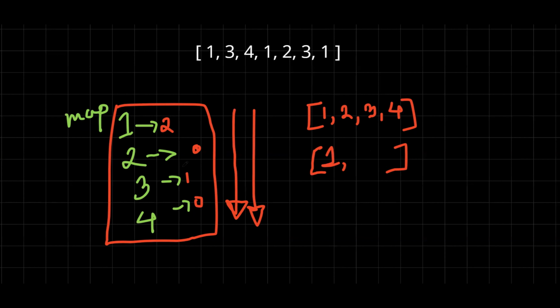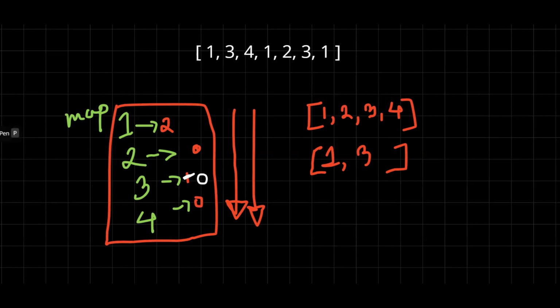But the frequency of 3 is 1, so we can use one instance of 3 here. After using it, the frequency of 3 will become 0. Now the second iteration is completed.